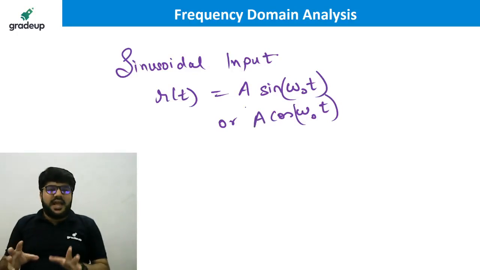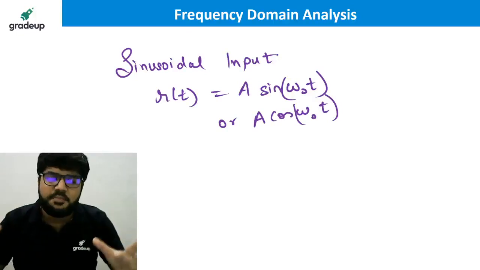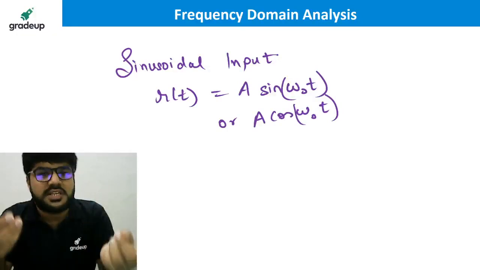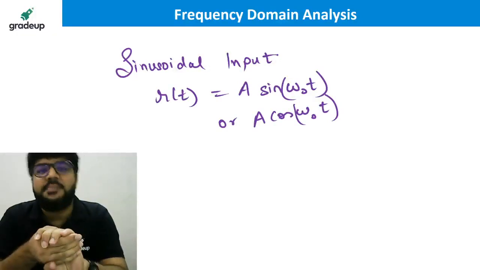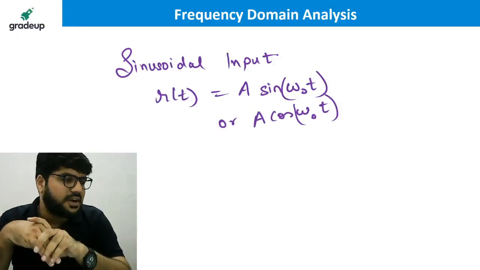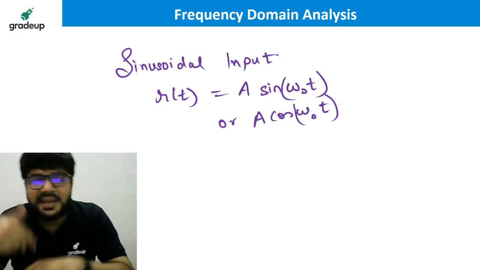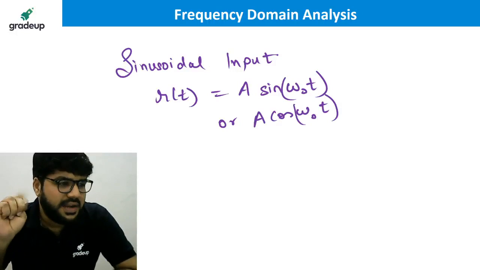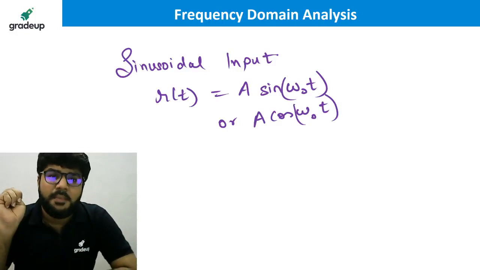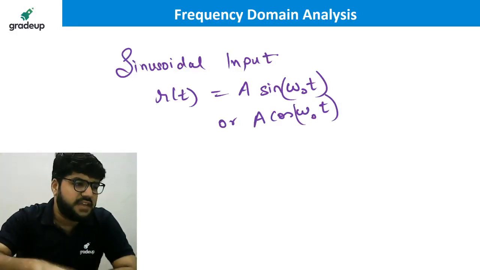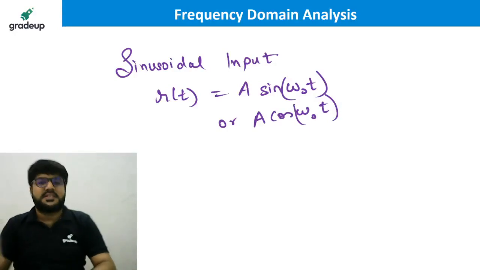What we have seen is that sometimes we apply a finite input to the system and the response is oscillatory. Remember the undamped case in a second order control system? The input was a step, but the output was oscillatory. But here, if the input itself is sinusoidal, how does the system behave?